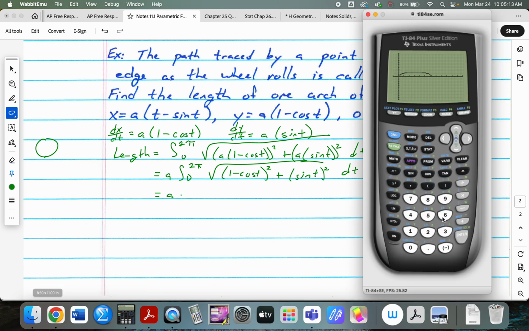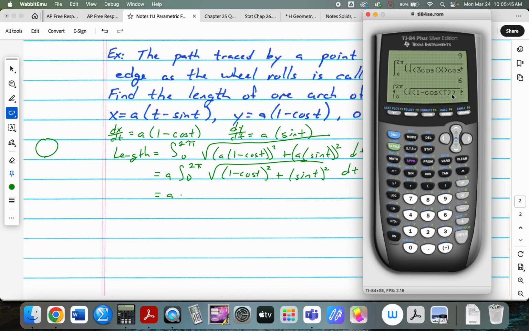So I have the integral from 0 to 2 pi of the square root of 1 minus cosine of t.